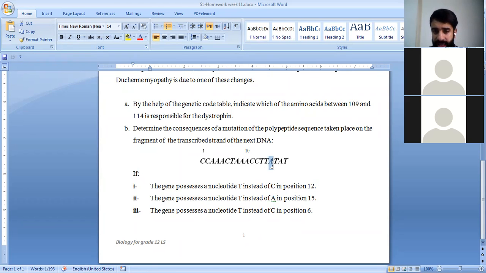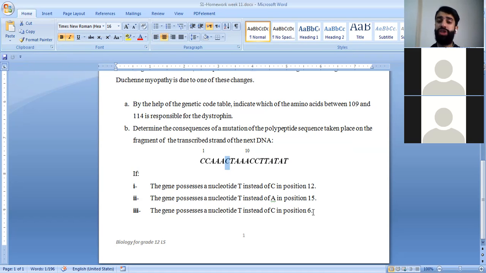This is T instead of A. The last one, the gene possesses a nucleotide T instead of C in position 6. 1, 2, 3, 4, 5, 6. Here in 6, we have T instead of C, and then we have to find out the sequence of the mRNA, and then the sequence of the amino acids.